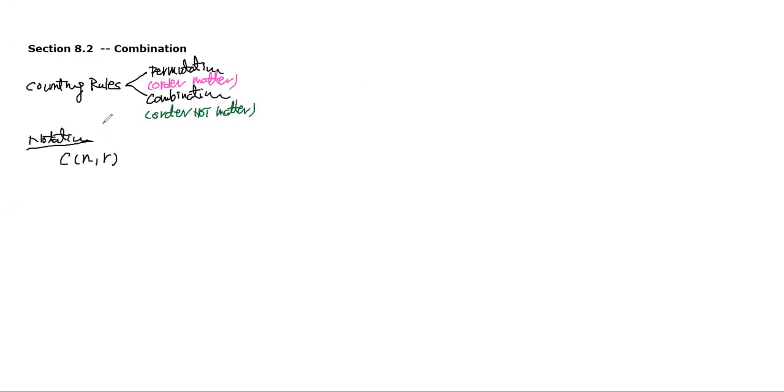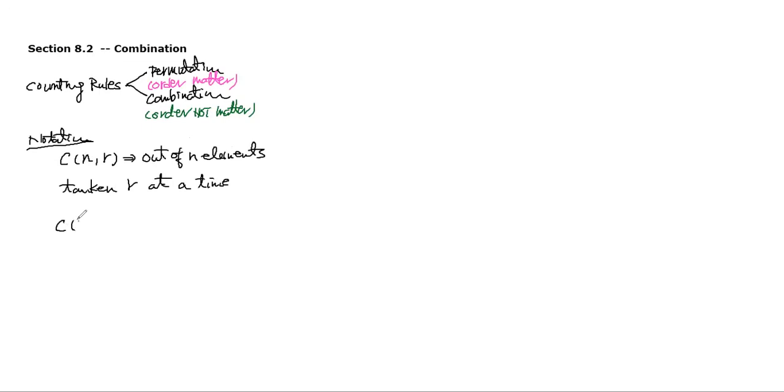That means out of the n elements, we are taking r at a time. Every time we take out r elements, we want to figure out how many different ways there are. And for the combination, remember, the order does not matter here.